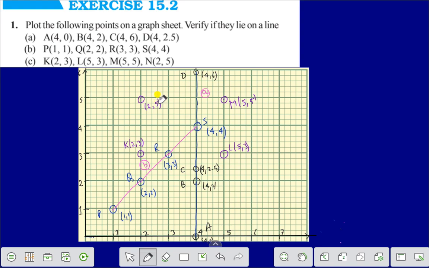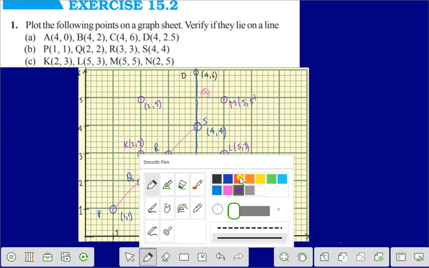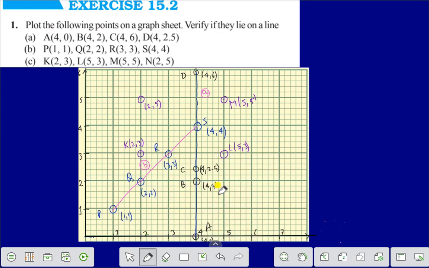Right? And if we draw these lines, K to L, then we are getting a line like this. K to L, L to M, and M to N. This is N.